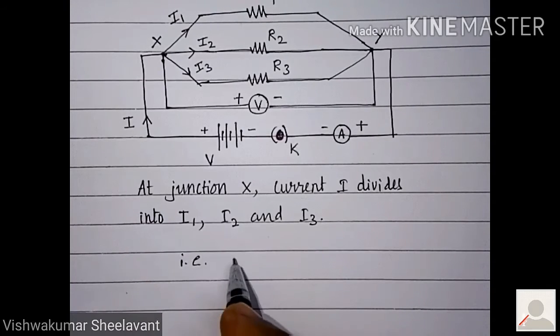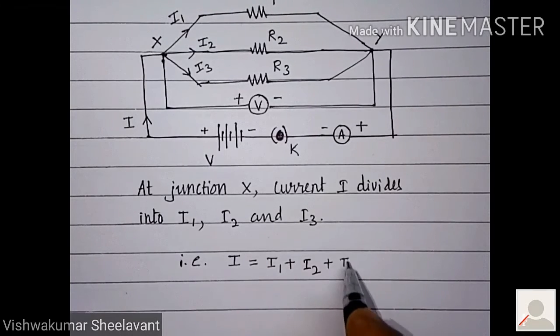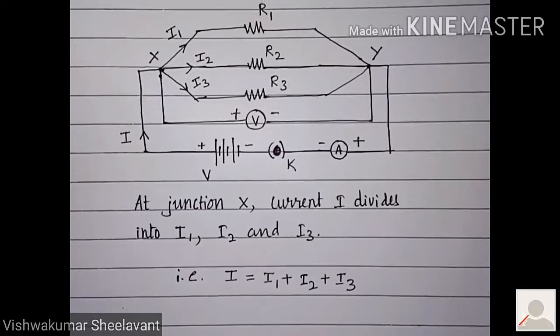That is, I is equal to I1 plus I2 plus I3.